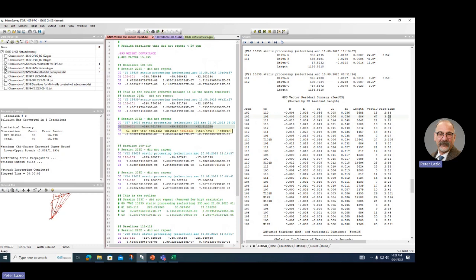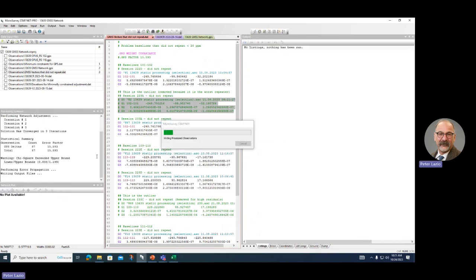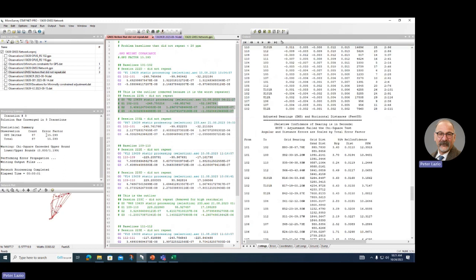This is the outlier removed because of the worst repeat. When I took the different combinations of the 3, that one gave me the worst overall result. Process it again, and I get a relatively high error factor, 15.593.